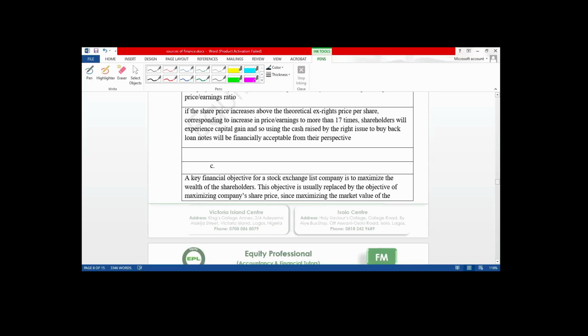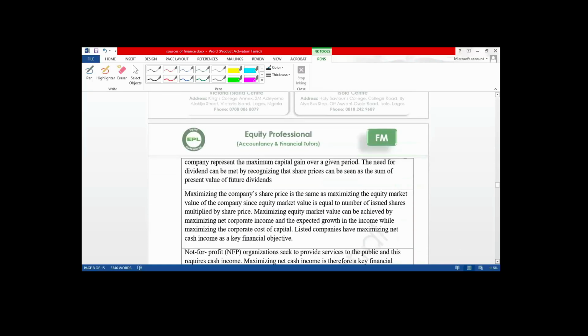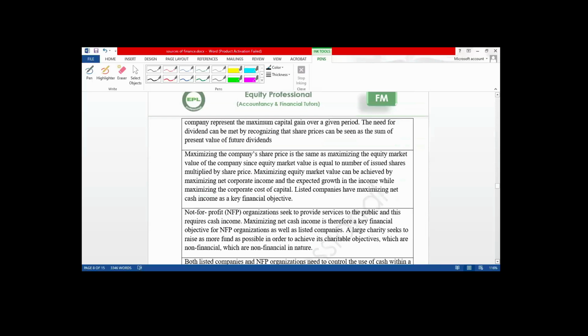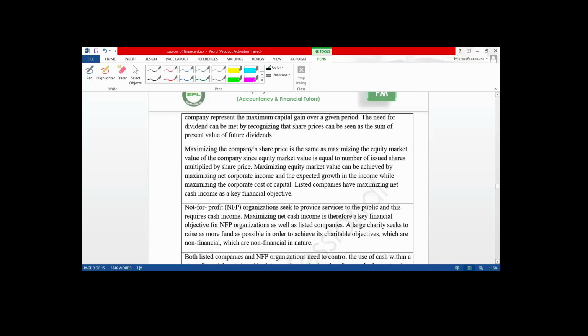While the financial objective of a not-for-profit making organization is to provide services to the public.